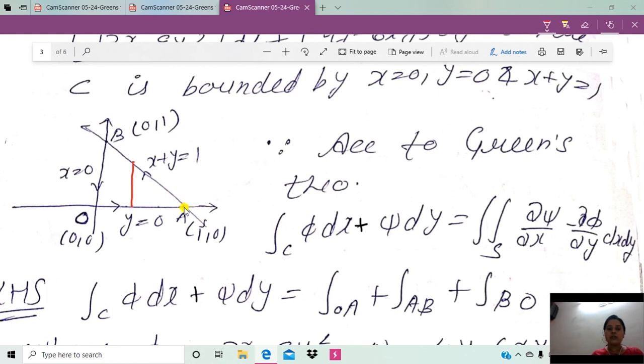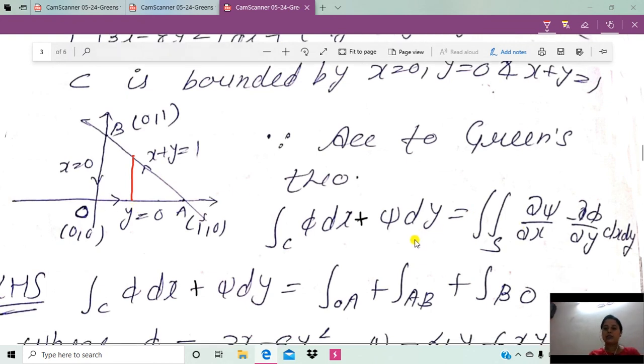Here the value of x is 1, therefore the limits of x will be from 0 to 1, and the limits of y will be from y is equal to 0 up to this line, from where the value of y will be 1 minus x. So the limits of y are from 0 to 1 minus x, and the limits of x are from 0 to 1, and from these limits we have to evaluate 10y dx dy.